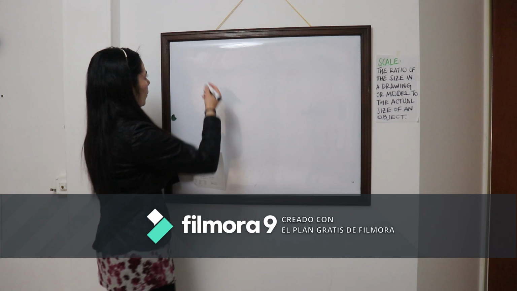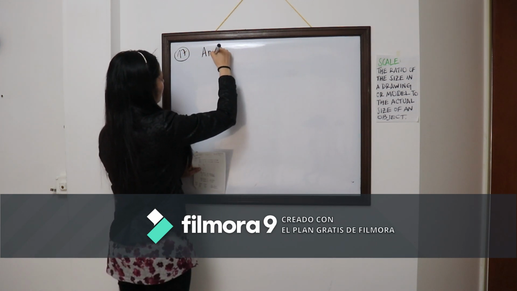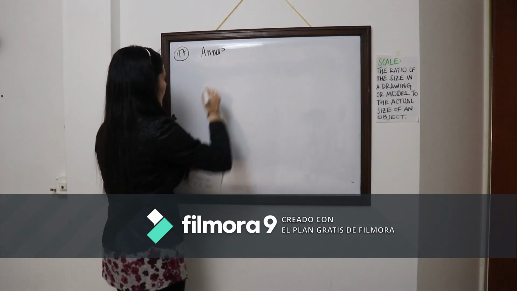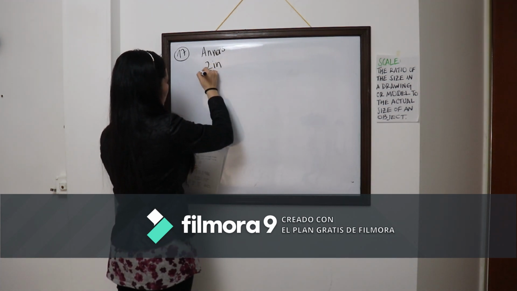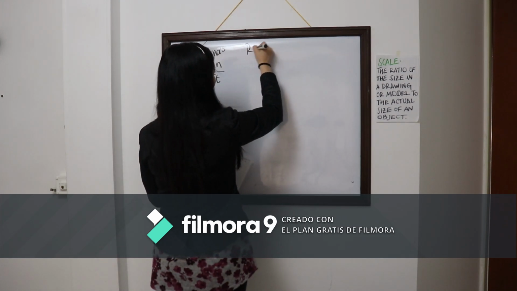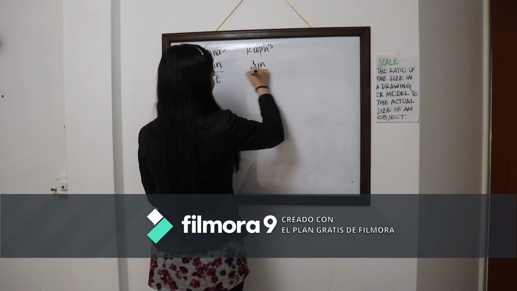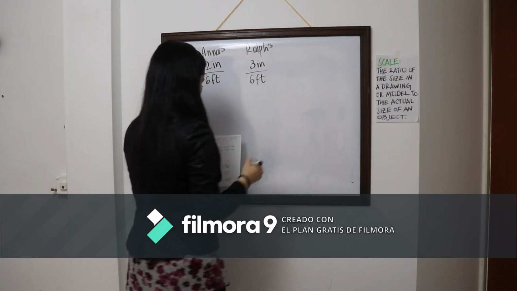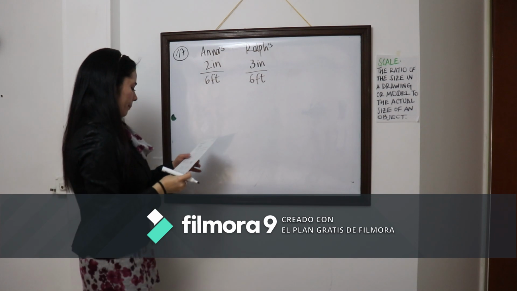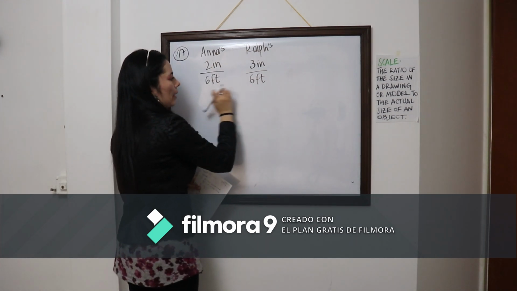Like seriously, we just need to think about Anna's, which is 2 inches to 6 feet, right? And then we need to think about Ralph's, which is 3 inches to 6 feet, right? Am I right? Yeah. Now, if you think about it, they're both comparing to the same total.